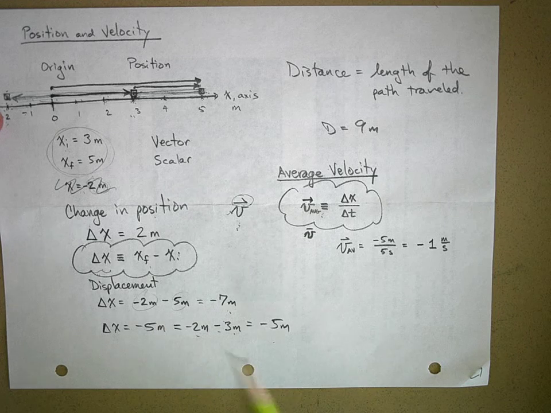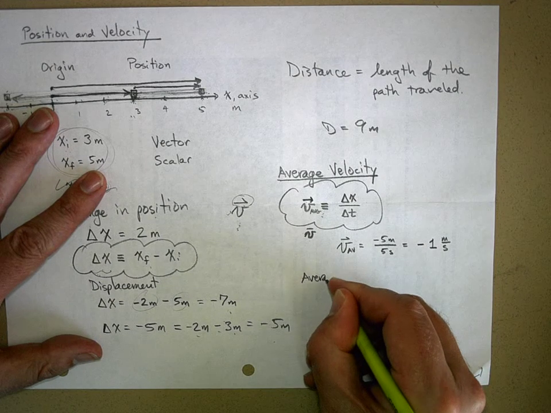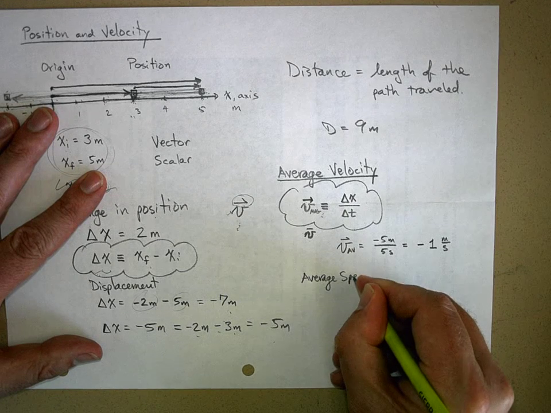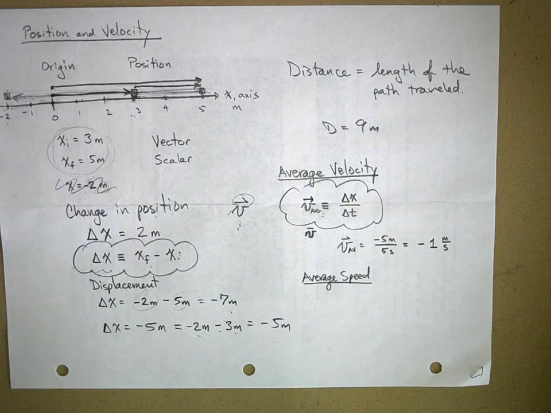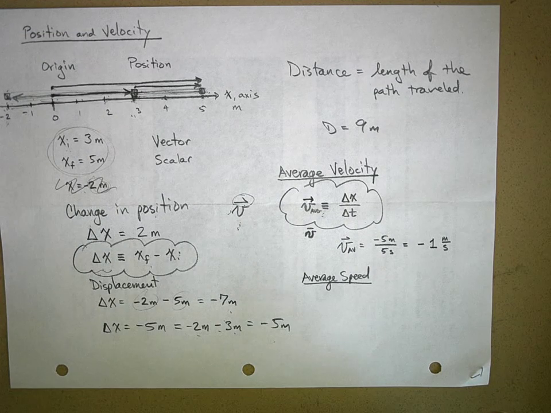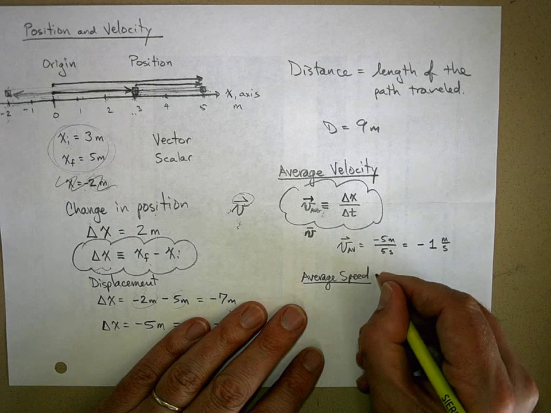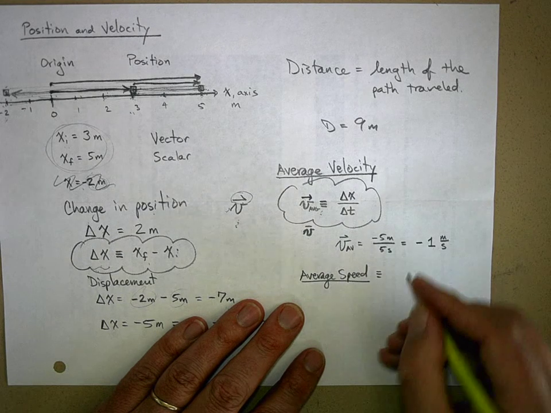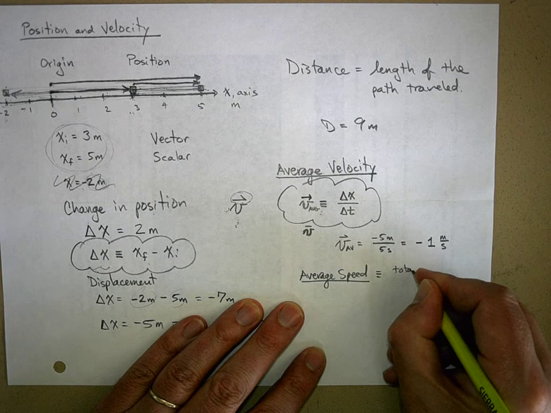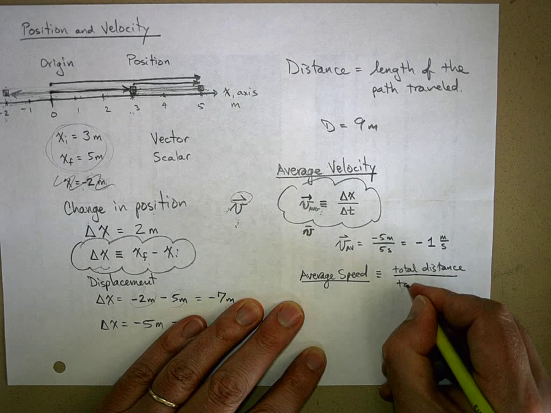Now, we also have this thing called average speed. And there is no variable for average speed that I know of, so I'm just going to write the word out. By definition, average speed is total distance over total time, right?